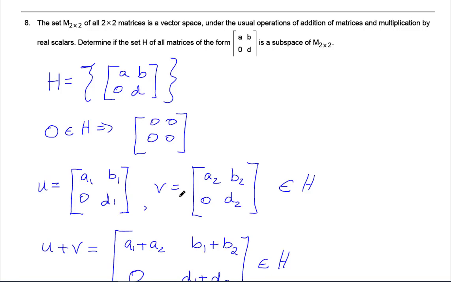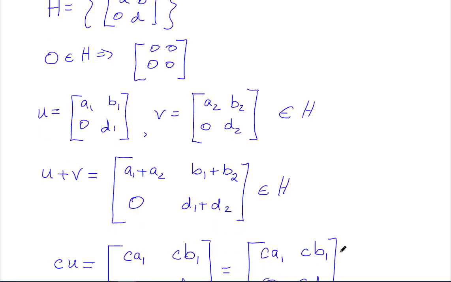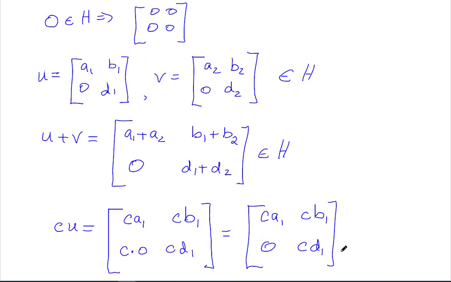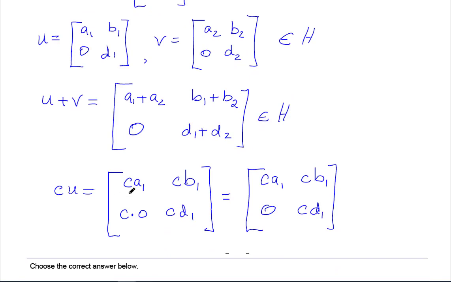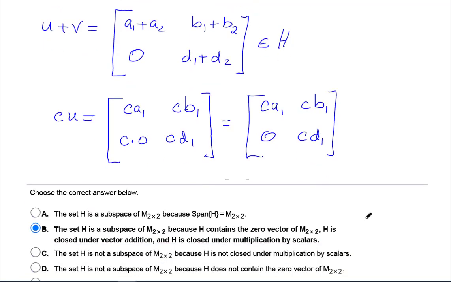If I take two vectors in there of that form and I add them up, do I still get something in there? Well, the answer is yes. Scalar multiples, yes, because c times 0 is still 0, and I still get something of that same form. So yes, that is a subspace.